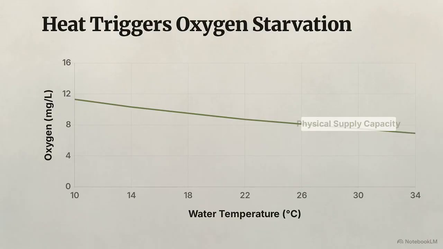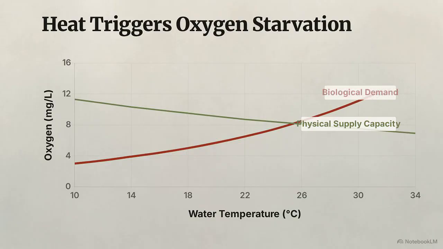At the exact same time, there is a biological reality. Higher water temperatures cause the metabolic rates of fish and aquatic insects to spike. Because their metabolism is running faster, they must consume more oxygen just to survive. This creates a lethal intersection. The environmental supply of dissolved oxygen falls just as the biological demand for it rises, inducing immediate physiological stress on the organisms.